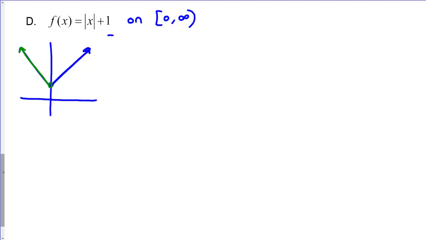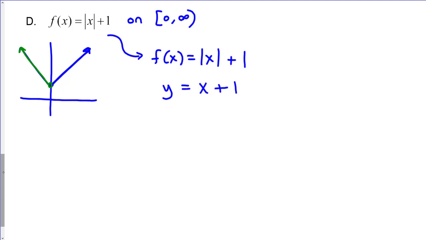So what this means is if f of x is equal to the absolute value of x plus 1 where x is going from 0 to positive infinity, if x is a positive number, then we don't actually need those absolute value bars.